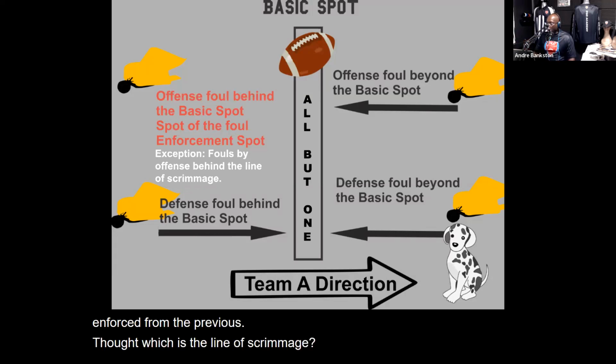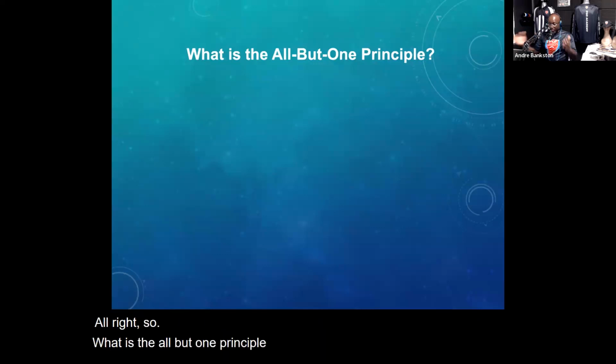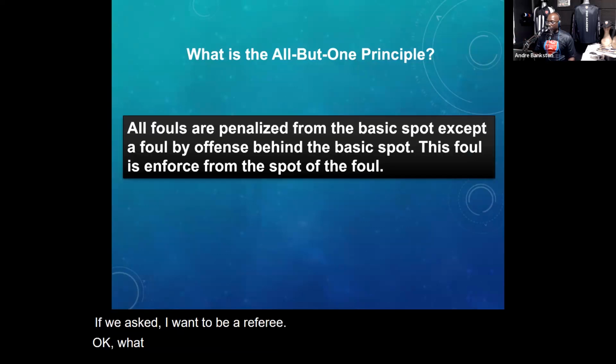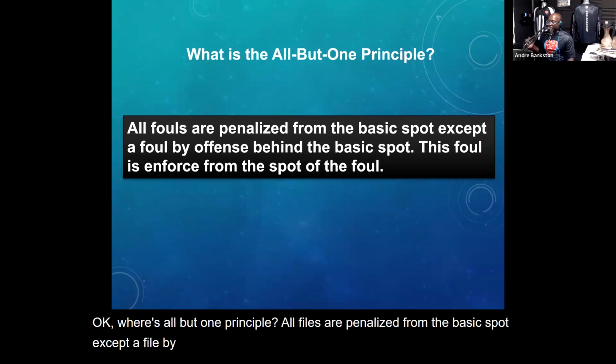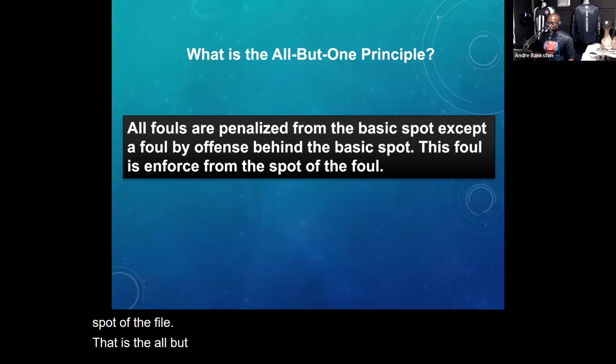All right. So, what is the all but one principle? If we asked, I want to be a referee. Okay. What is the all but one principle? All fouls are penalized from the basic spot, except a foul by offense behind the basic spot. This foul is enforced from the spot of the foul. That is the all but one principle.